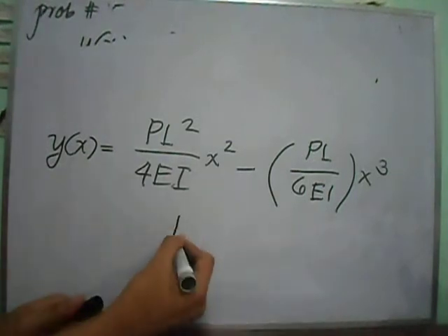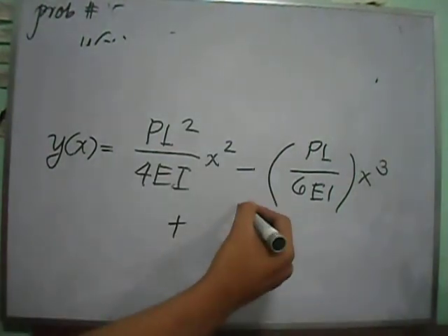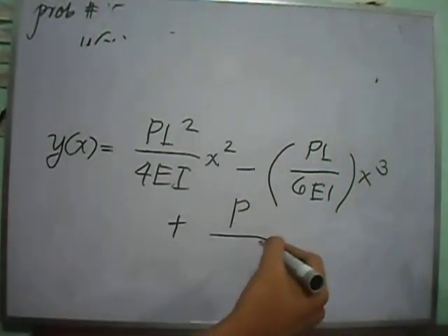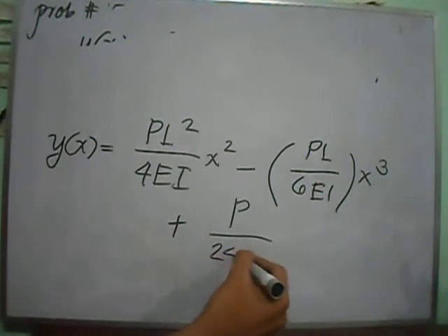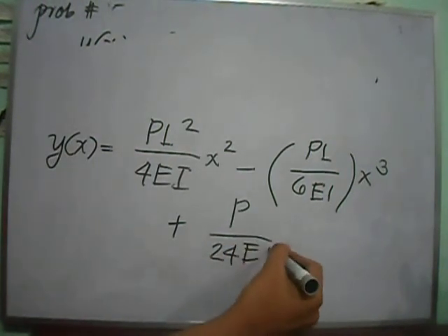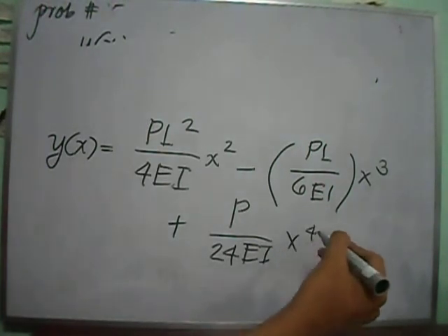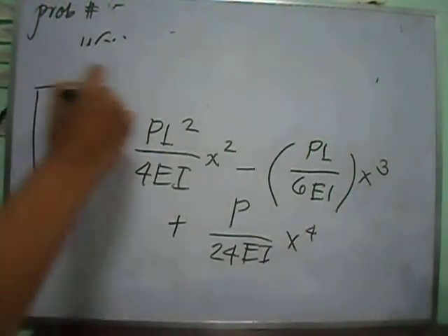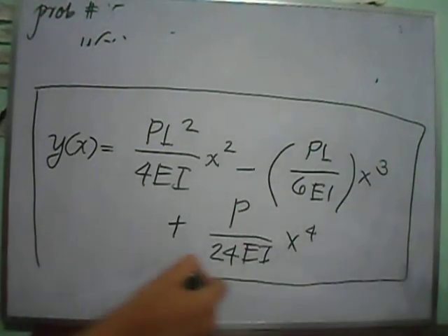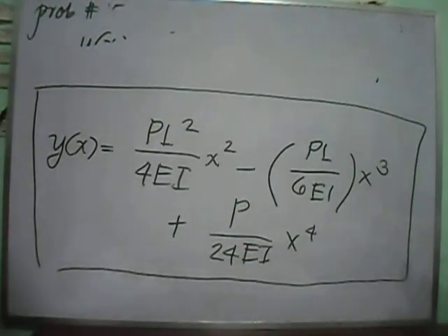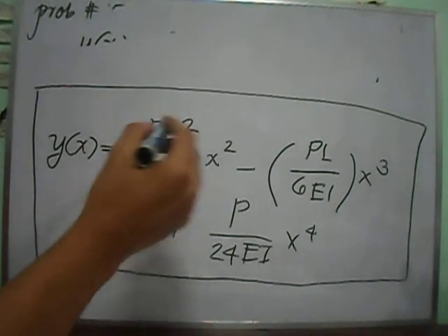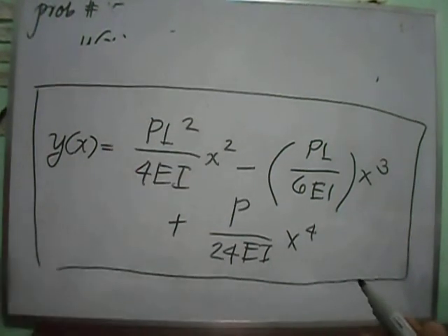This one will be plus P over 24 EI x to the 4. Now this is the equation of the deformation produced by force P on the cantilever beam with length L.